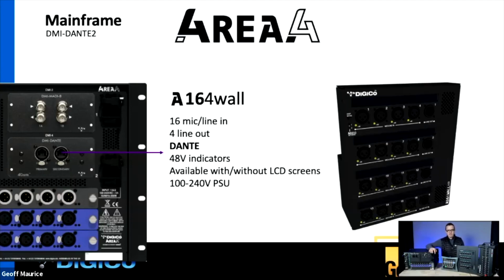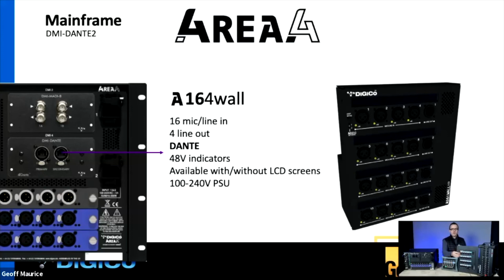We also have a very unique panel here. This is our A164 wall plate. What's unique about this is the form factor. It can be mounted into a wall cavity, but the unique part is that it also has screens. Above the row of XLRs, there is a screen that lets us do full channel labeling and identification.